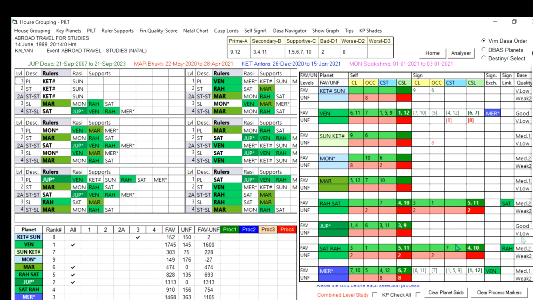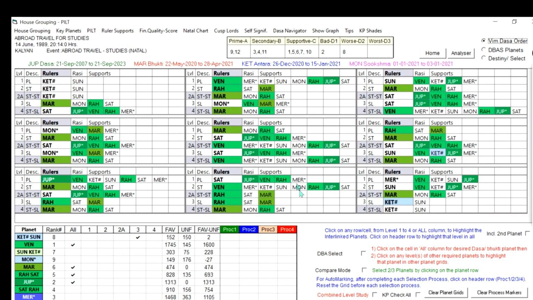For this, the key planets table will be more useful, and from that we can filter the planets which are very strong and which are less strong. For the planets having strong significators, we can go further into in-depth analysis with the house grouping table, which will be more useful in fixing the Dasa Bugdi Antra period for conducting the event.